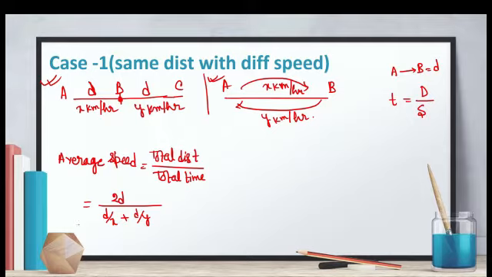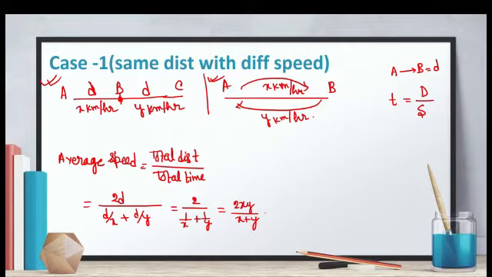Now we will calculate the average speed. So this d will be cancelled out and we will get 2 divided by 1 by x plus 1 by y, which we can write as 2xy upon x plus y.